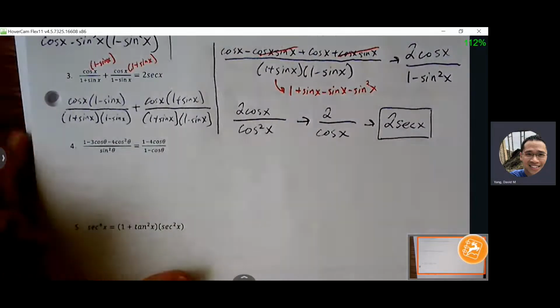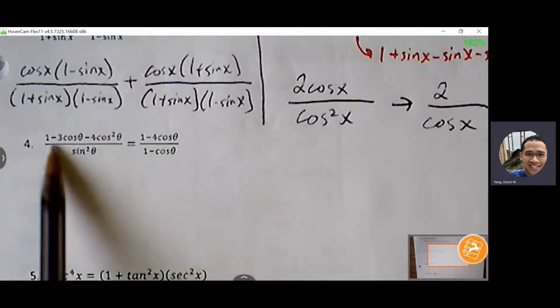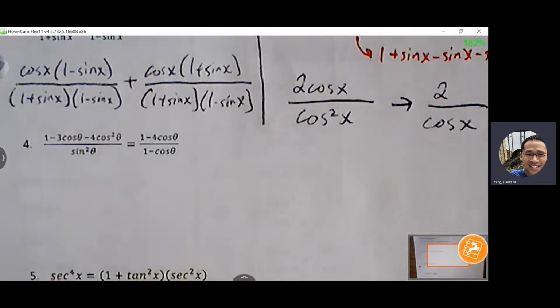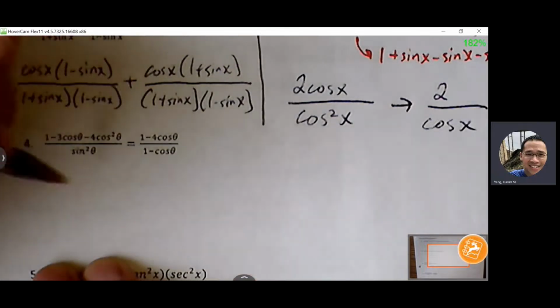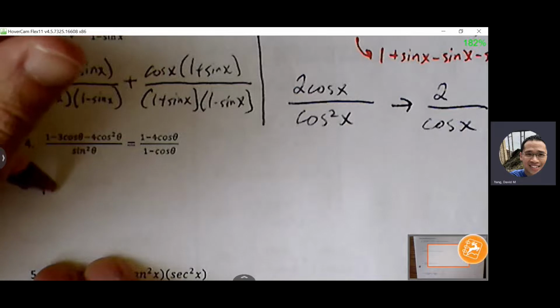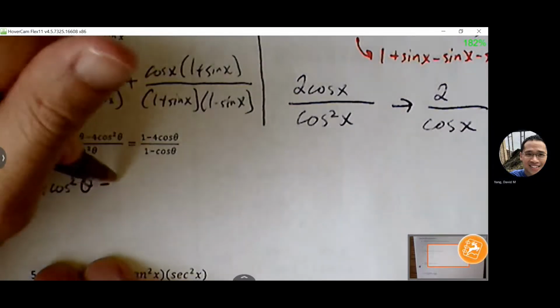So number 4, I have something that has that relationship there. I got a squared, I got a cosine, and I got a constant. So I'm going to rearrange this numerator in a form that maybe is a little bit easier to work with. I would like that cosine squared to be first, just for factoring purposes.